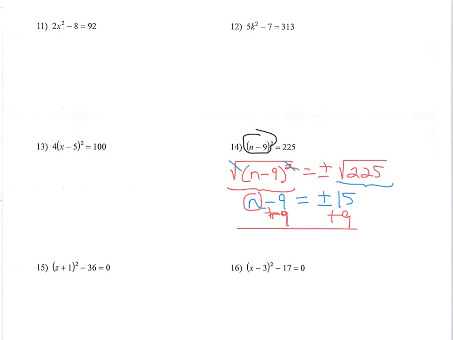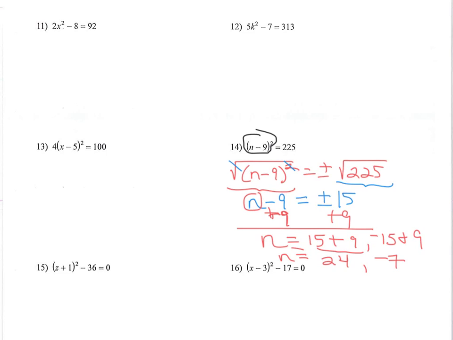And when we work this solution through, we just need to incorporate both the positive and the negative 15 into our solutions. So one answer will be the 15 as a positive, and then add the 9, and then we'll take the negative 15 and add the 9. So my first answer here would be 24, and my second answer here would be negative 7.